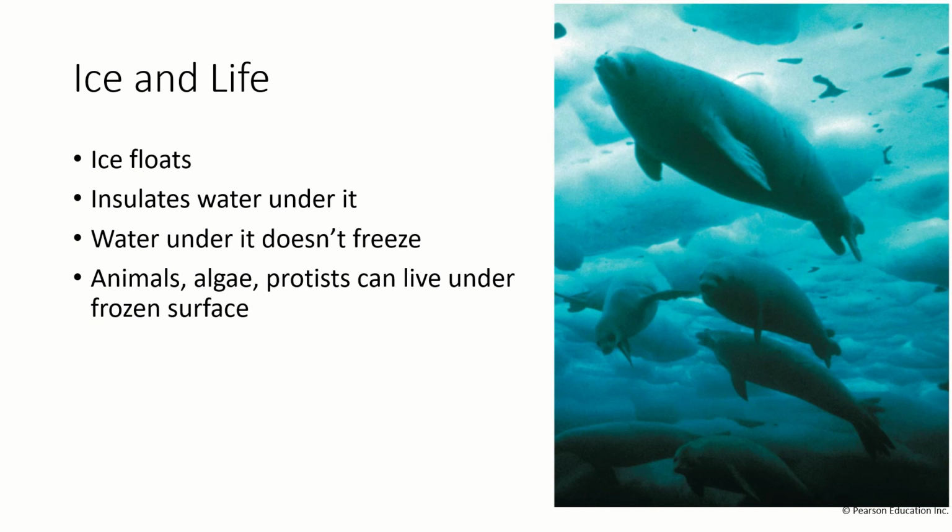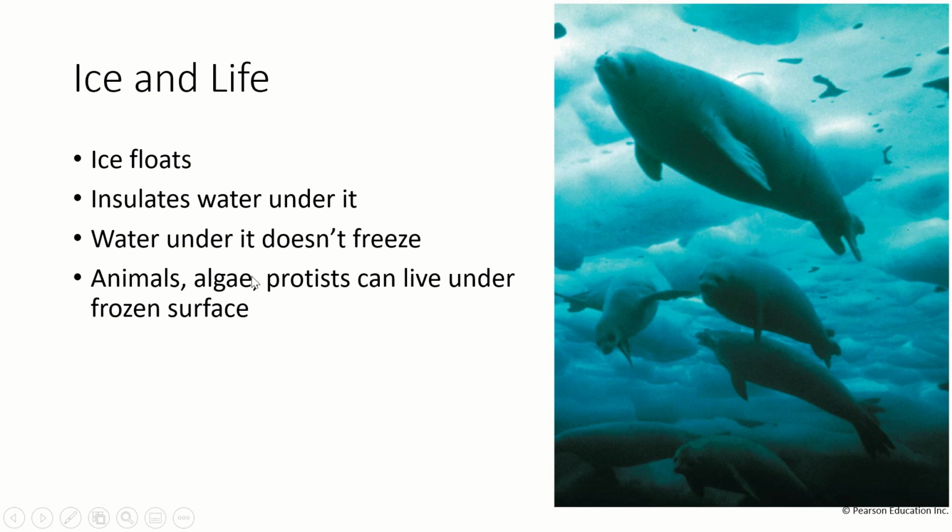Floating ice makes it possible for life to exist under the surface of frozen lakes and oceans, because the ice on the surface actually insulates the water under it from the colder air above it. So while the air above might be far below freezing, the water below is going to be just about at frozen temperature. But organisms that have adapted to those temperatures can survive.